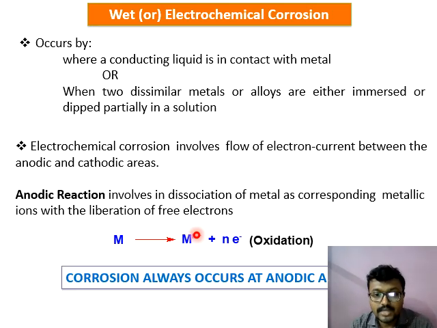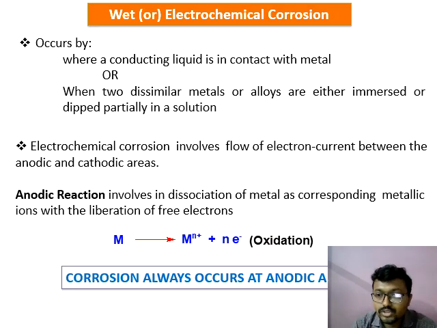When the metal is coming into solution from the anode, the anode will be corroded, right? So that is called electrochemical corrosion. In electrochemical corrosion, the corrosion starts at the anode, right?